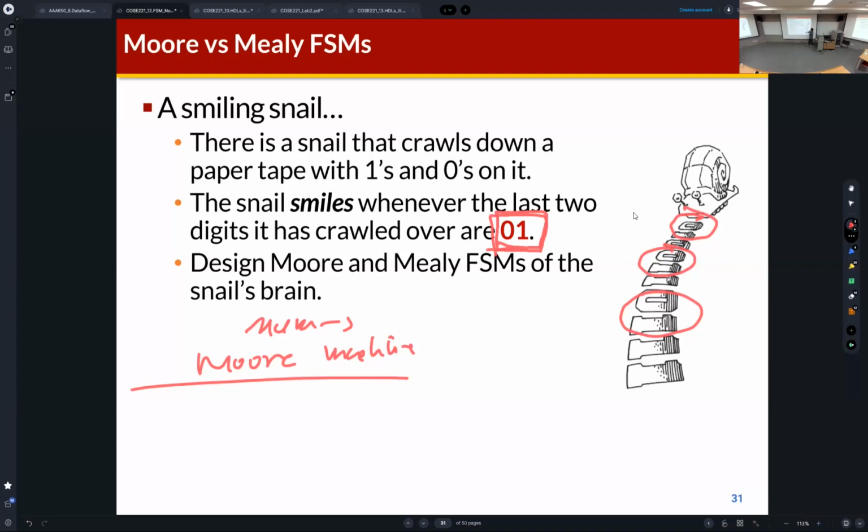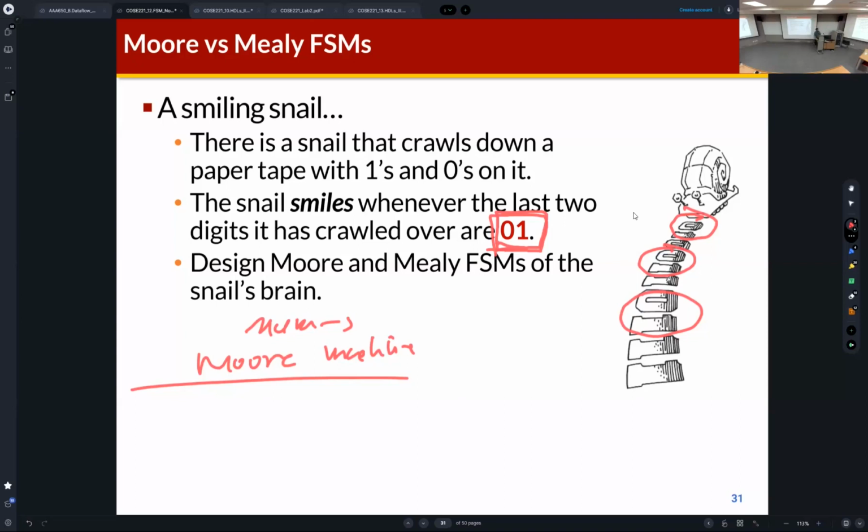In the Moore machine, we need to detect the 0, 1, which means that we need to define the states that detect this 0, 1. So we need to define states that are associated with the sequence 0, 1.